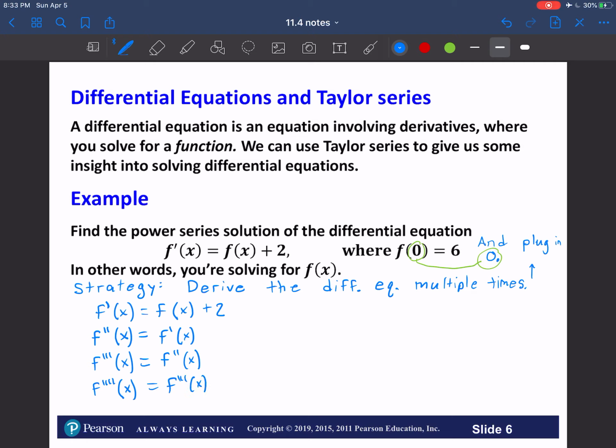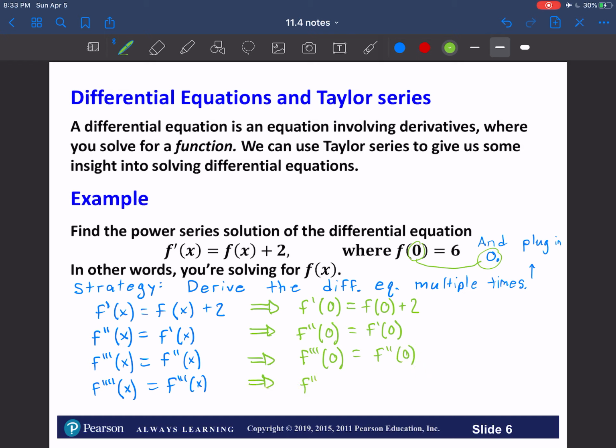And for each of these, we are going to plug in 0. So if we plug in 0, we get f prime of 0 equals f of 0 plus 2. Here, f double prime of 0 equals f prime of 0. f triple prime of 0 equals f double prime of 0.